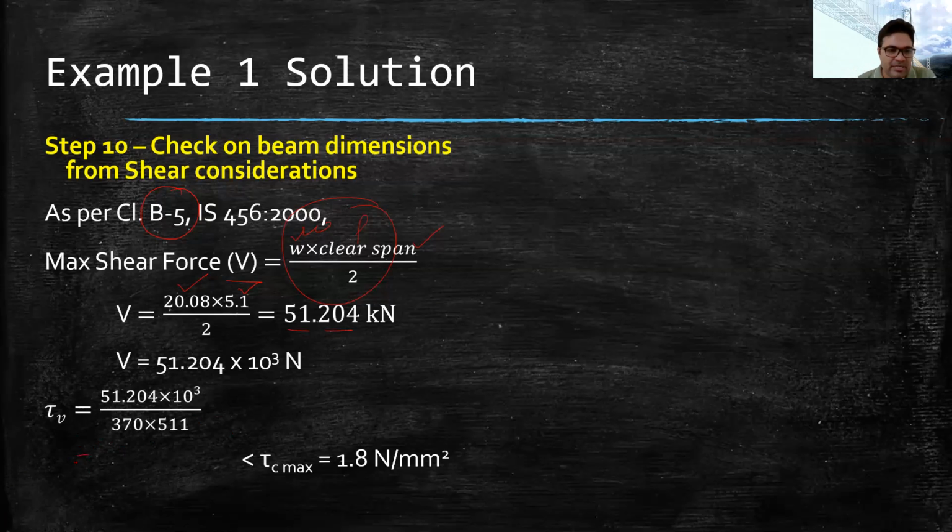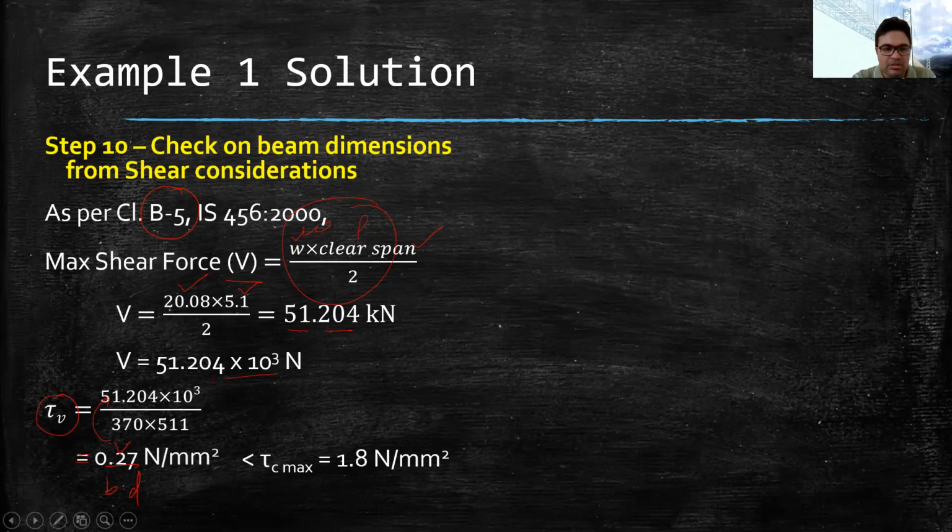So V value is there and B and D value is there. We have to make sure that B and D values will be in mm and V value will be in Newton. That is why I have converted this into Newton, so that we can get this stress value in Newton per mm square. So the value of tau V is 0.27 Newton per mm square.